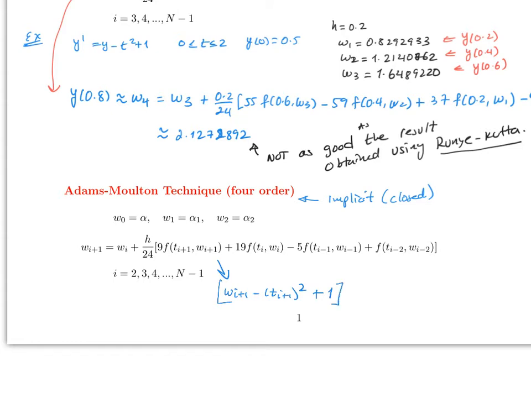So here you multiply by h over 24, and you have w_{i+1} equals w_i, and then this keeps going. You can actually combine this with this. So in this case it will be possible, and you can apply this method just like the one we did before in the previous example.